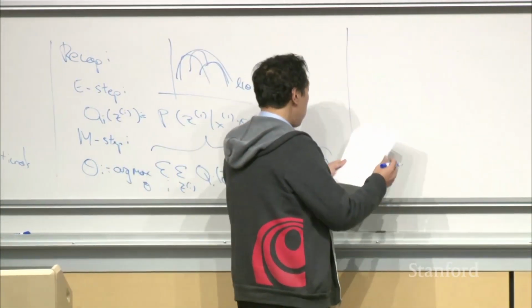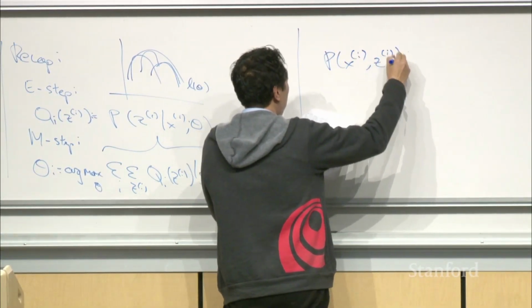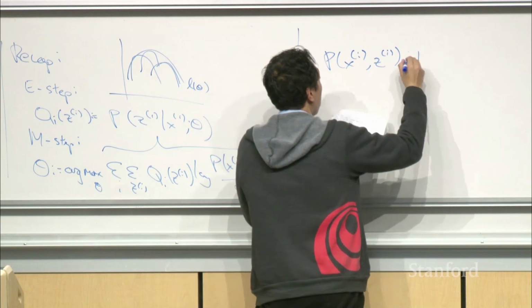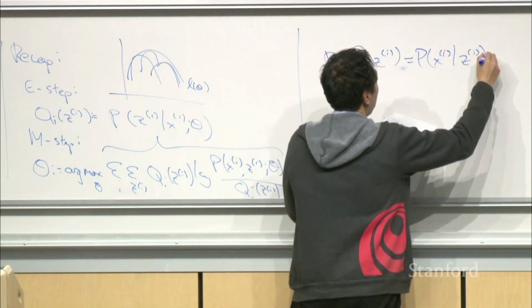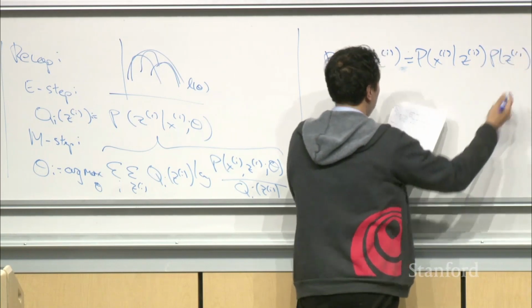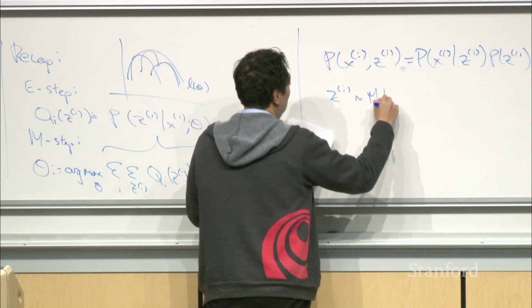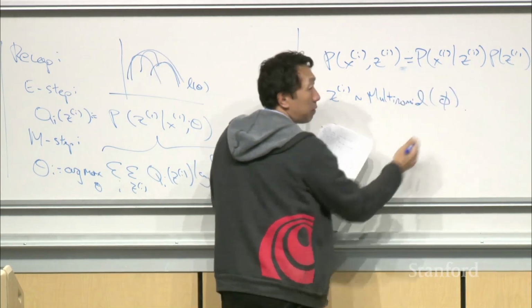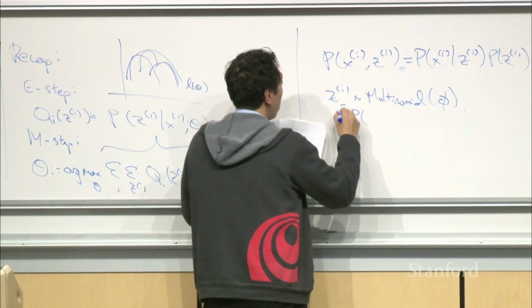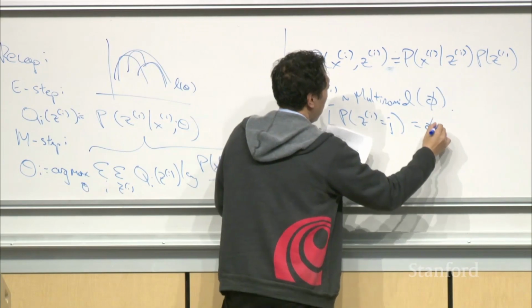For the mixture of Gaussians model, we had a model for P of xi comma zi, which is P of xi given zi times P of zi. Our model was that z is multinomial with some set of parameters phi, so the probability of zi being equal to j is equal to phi j.